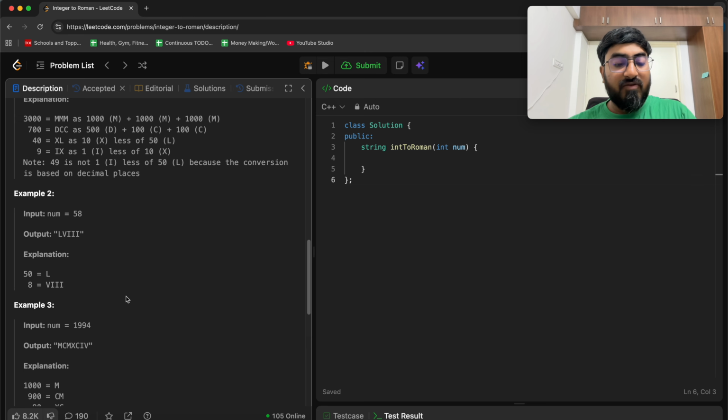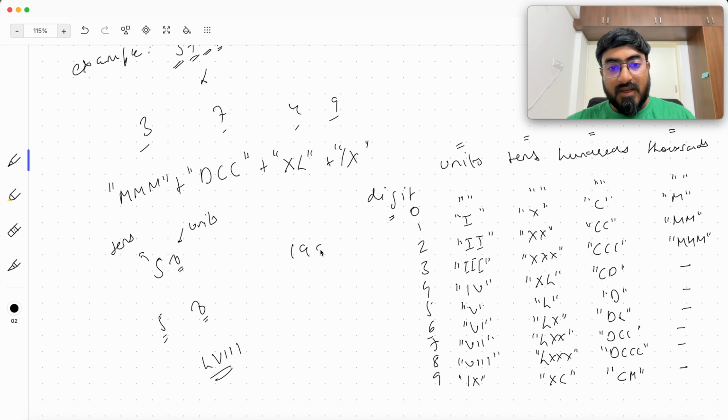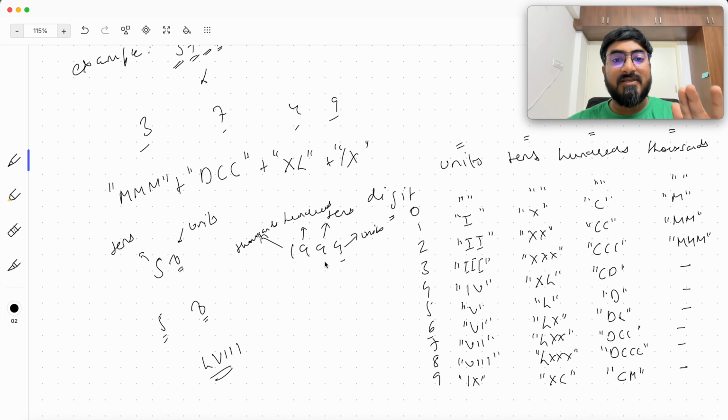Okay, similarly for 1994. Okay, this is units, tens, hundreds, and thousands. I have been regularly bashed for my bad handwriting, but this is just to demonstrate that 4 is at units, 9 is at tens, then 9 is at hundreds, and then 1 at thousands.